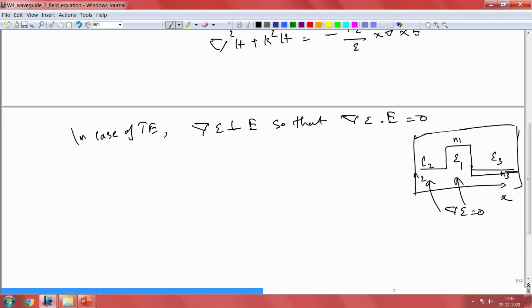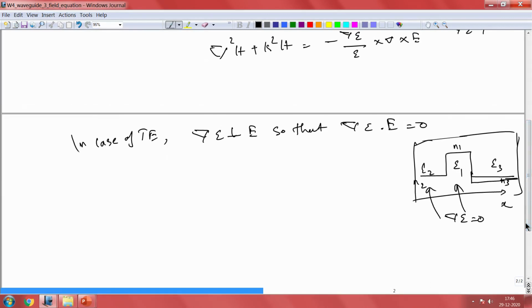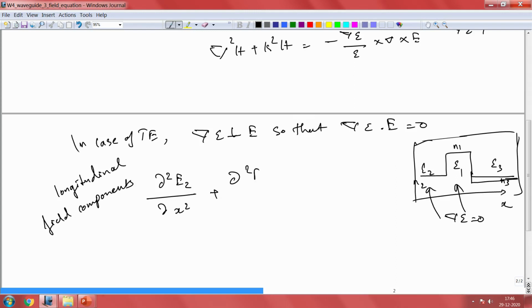So, assuming E and H are harmonic guided waves, then we can write the longitudinal component, right, as del squared Ez by del x squared, this is nothing but the longitudinal field component, plus del squared Ez by del y squared plus (k_i squared minus beta squared) Ez equal to 0. So, k_i represents whichever medium you are in, whether in n1 or n2 or n3.